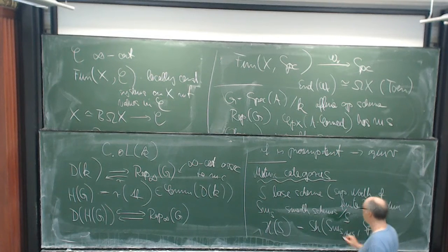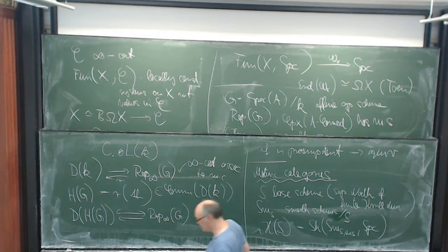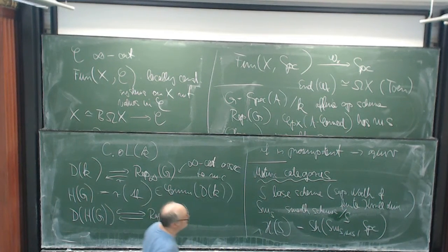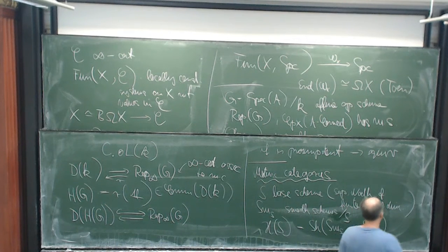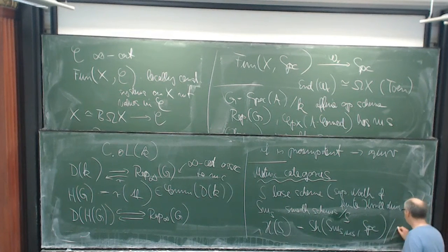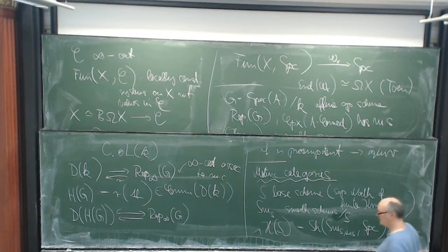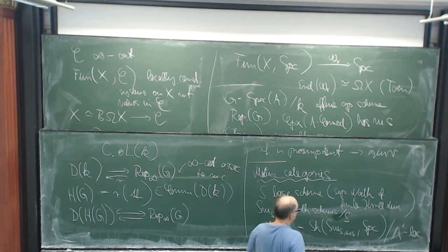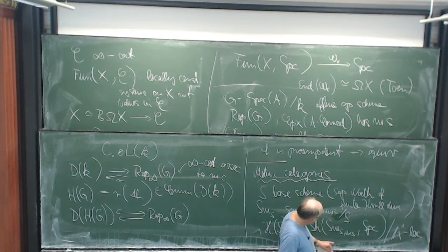So it's the functor category consisting of all functors which satisfy descent for the Nisnevich topology. And then we take the A1 localization of this category. As we did in the second lecture, we make this universal in such a way that the projections from X times A1 to X become equivalences in this category.